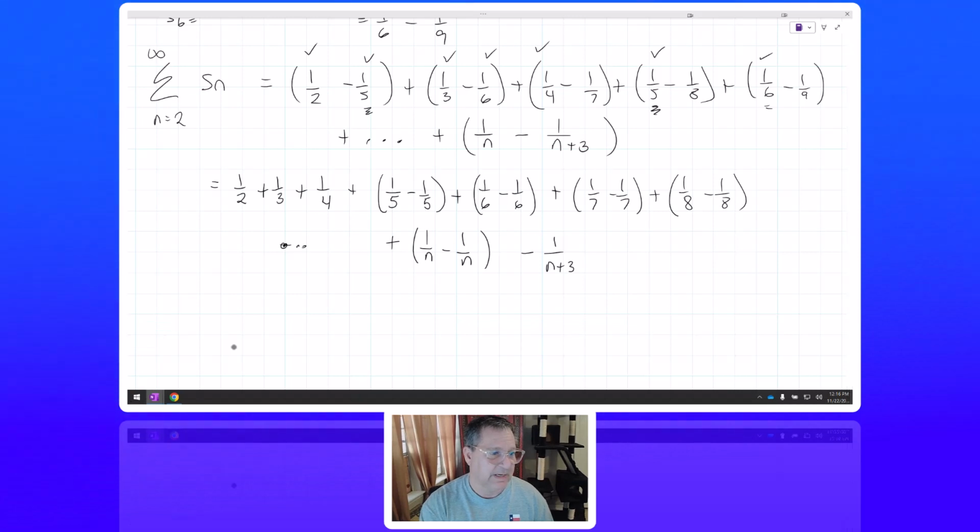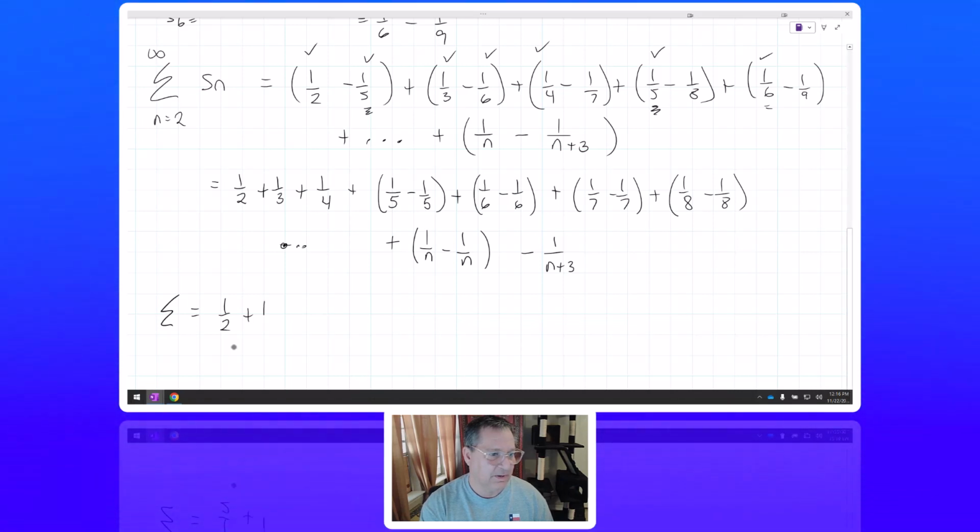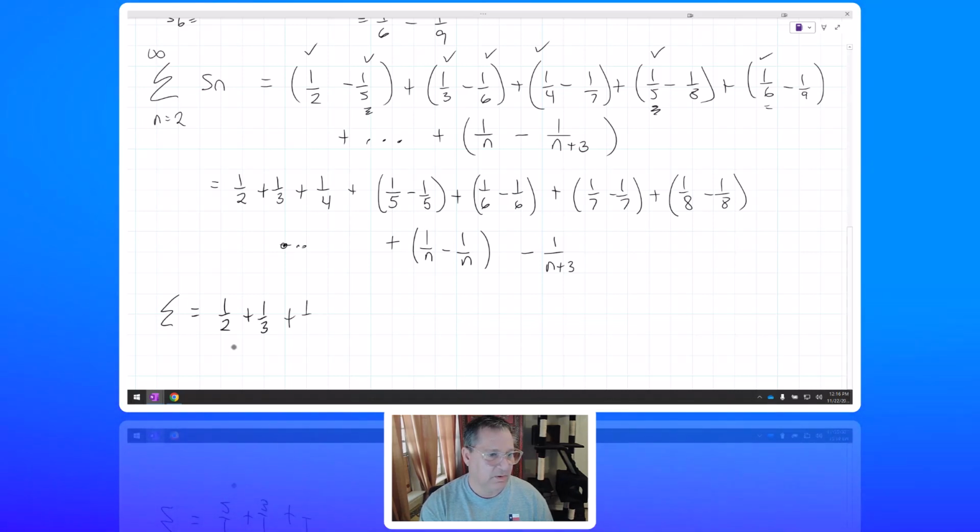So if we look at that partial sum, we can see that the summation will be the 1/2, the 1/3, the 1/4, plus, and now if you look at this part, it will cancel, this part, this part, this part. So all the terms that we group together will cancel, and the only term we don't get to cancel is the 1 over n plus 3.